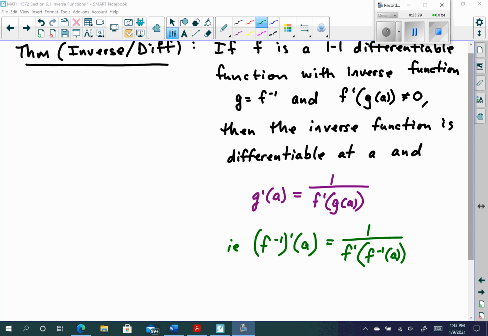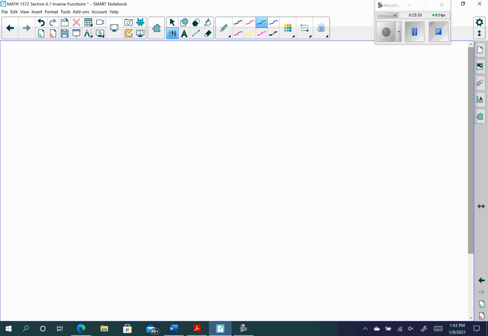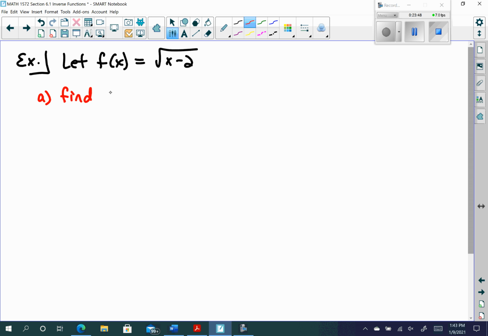Okay, so this last example, we're going to figure this out two different ways. So we're going to let f of x equal the square root of x minus 2. We are going to find the derivative of the inverse at x equals 2 using the new theorem I just wrote out.